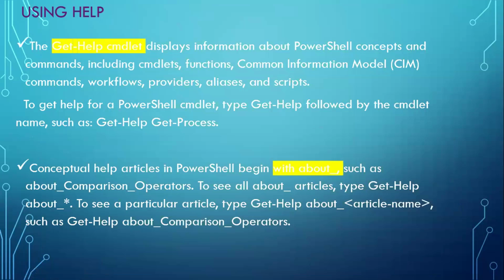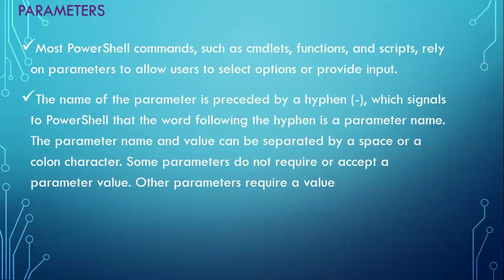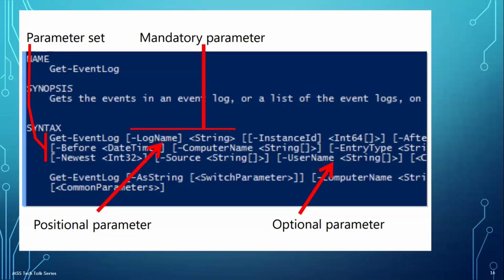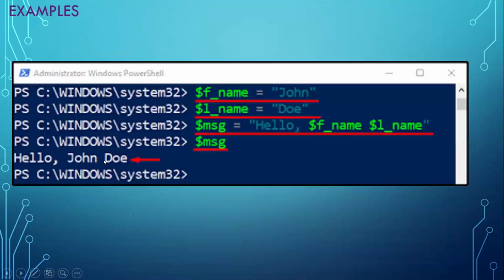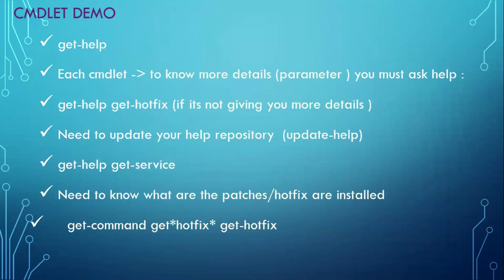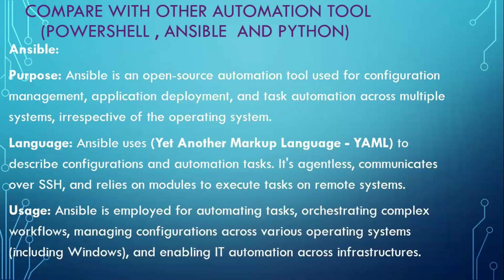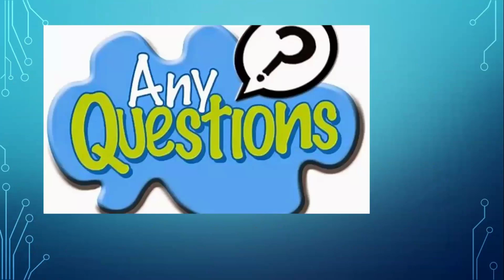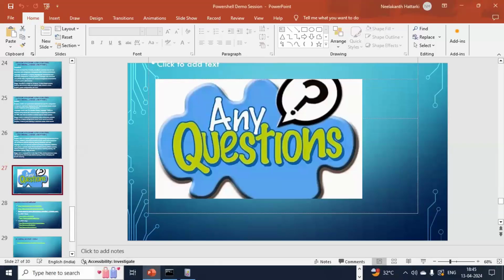Using Get-Help, Update-Help, parameter, right? And log name, we discussed Get-EventLog name, right? Mandatory and optional, we'll talk about later when you are joining. These are variables. That's all. So now the same things: how do we use them for the CLI, the command line interface?